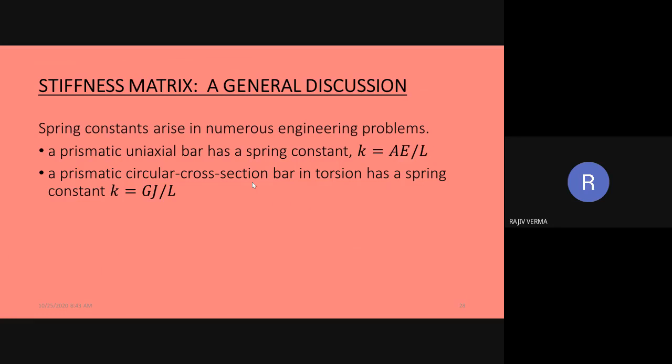The spring constant in this case happens to be GJ/L, where the terms being used have the normal meaning.